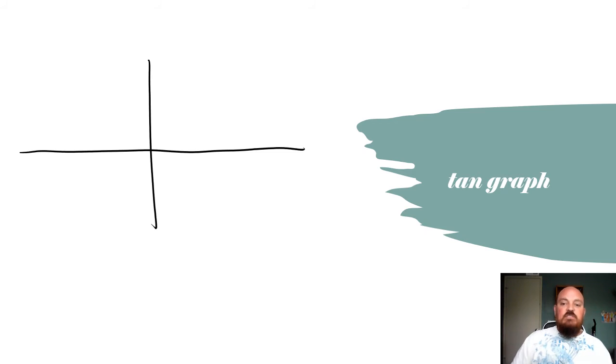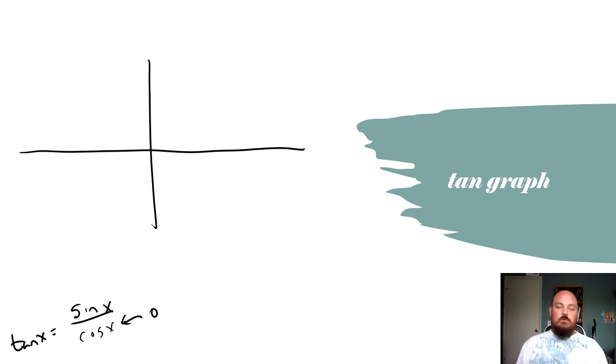If I wanted to graph tangent, remember the key here is that for any variable, we'll call it x, tangent is sine over cosine. So wherever cosine is 0, tangent is undefined. Now from the unit circle, cosine is 0 at pi over 2 and 3 pi over 2.